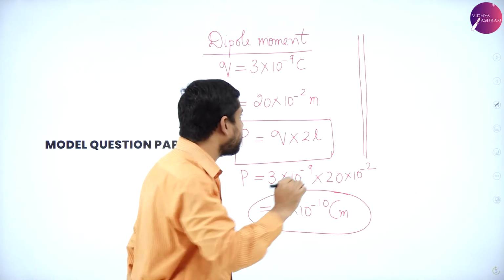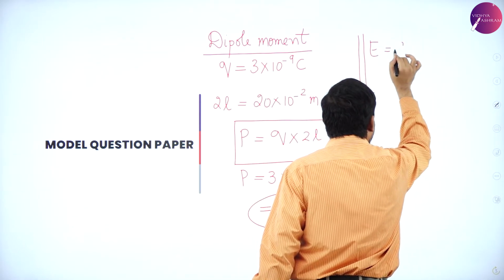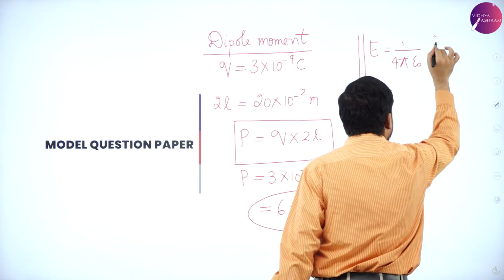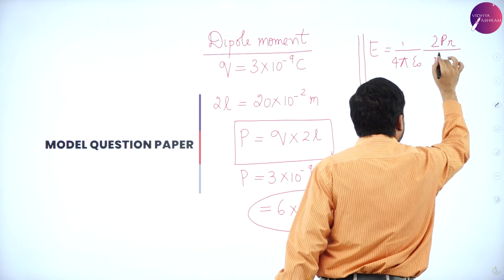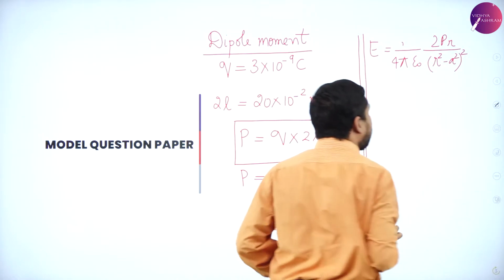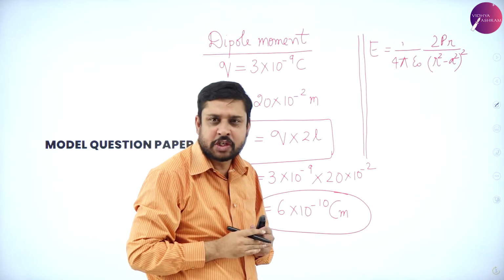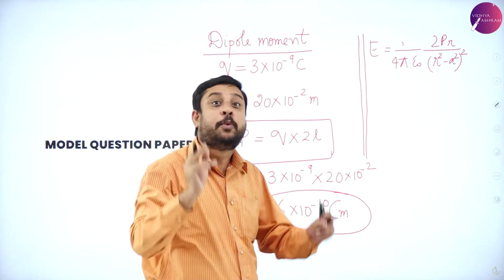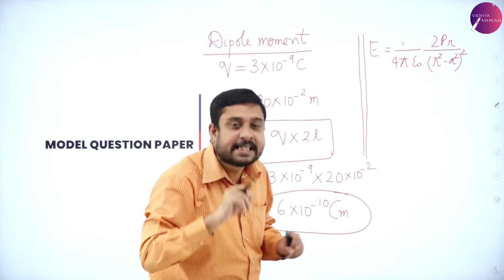So what is the expression for electric field on the axis of a dipole? 1 by 4 pi epsilon naught, 2 p r, divided by r square minus a square, the whole square. See, all these expressions should be strong enough for you all. We have seen the electric field on the equatorial line and the electric field on the axis.